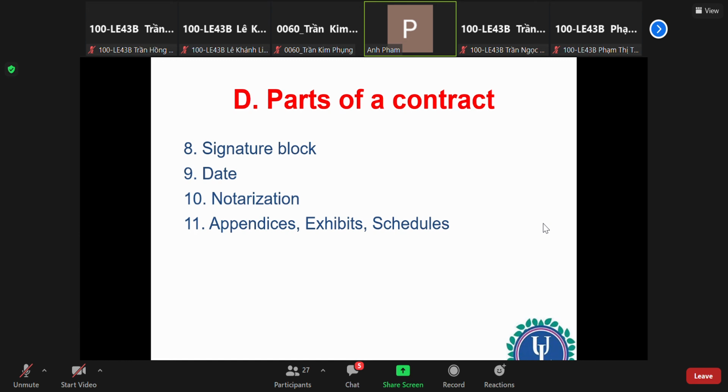Notarization or certification is subject to the nature of the contract. Some contracts need to be notarized, and they put in a notarization section. There could be another page attached to the contract, entered into or signed by the notary public officer.